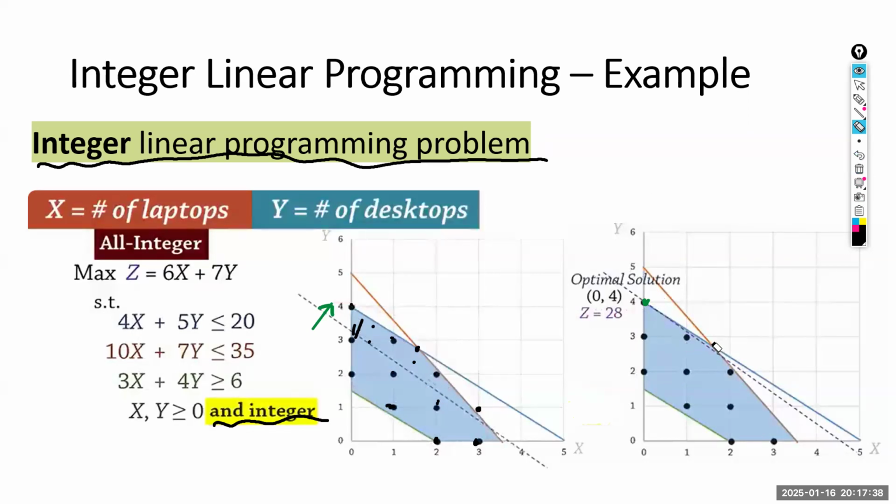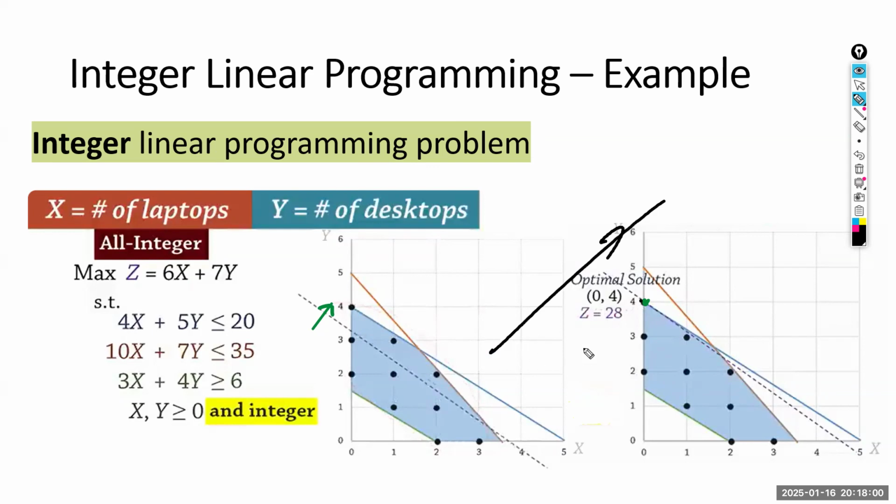Earlier the maximum value was here, but that is not an integer solution. If you do some trial and error and play with these parallel lines, you will find that this is your maximum integer solution, because that is the maximum you can get for your z. That value will be x0 y4.